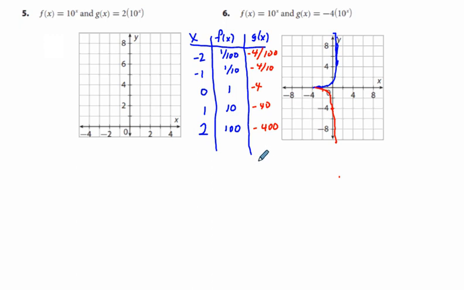Okay, for f of x and g of x, the domain is equal to all the numbers.